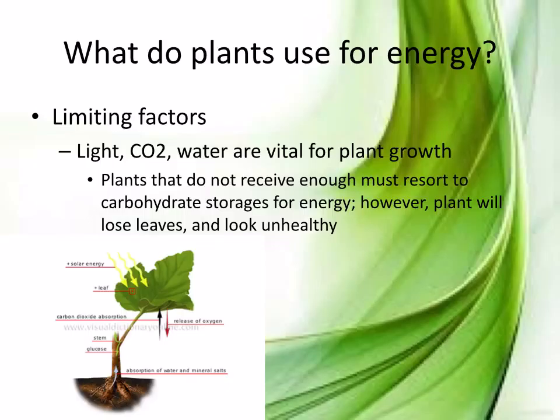Plants that do not receive enough of these are not going to be able to grow unless they resort to using carbohydrate sources for energy. And if they don't get enough nutrients, they will lose their leaves and look unhealthy. We'll come back to what happens when there are nutrient deficiencies a little later on.